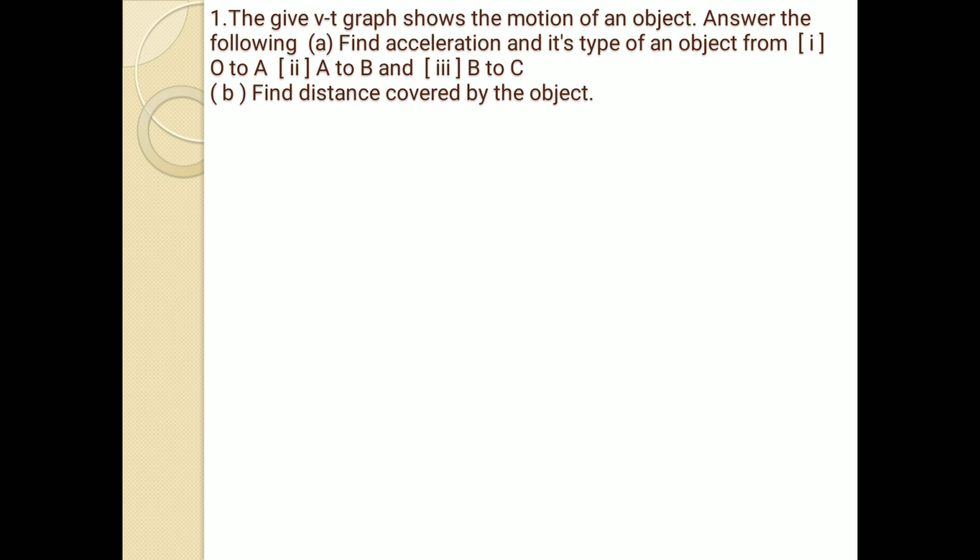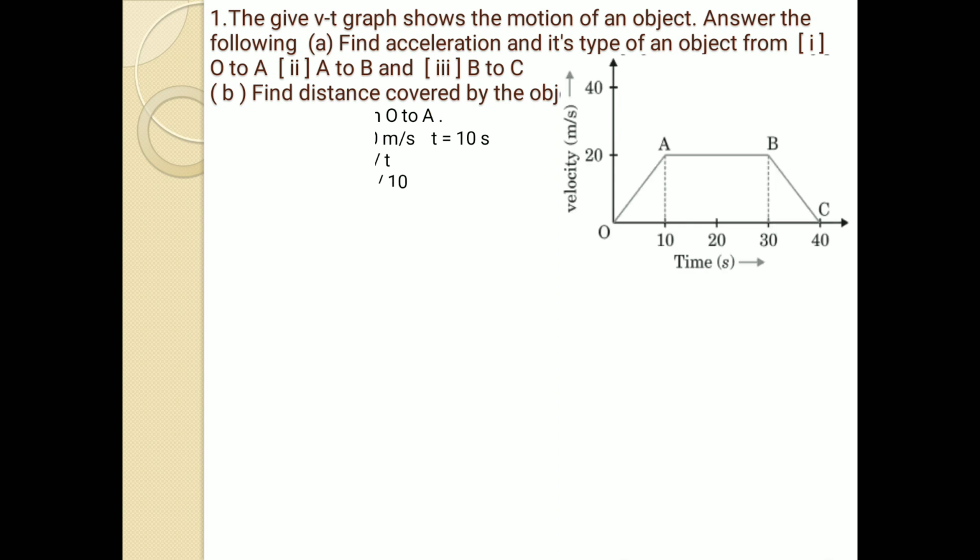First one: the given VT graph, which is nothing but a velocity time graph, shows the motion of an object moving in some direction. So this is the graph we have drawn in the velocity time graph.